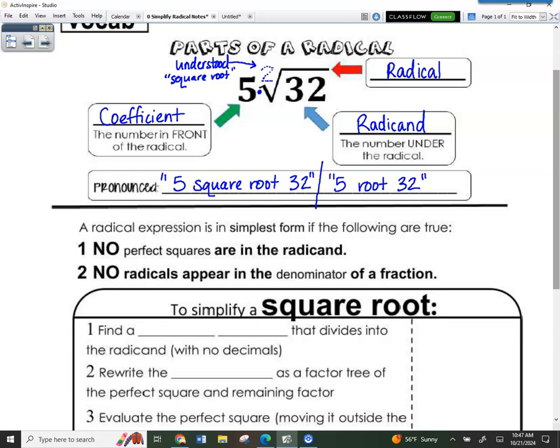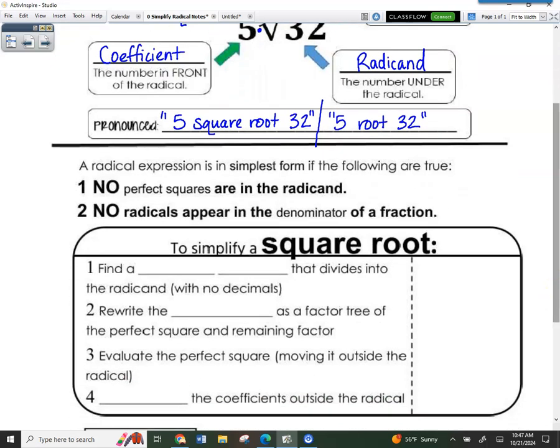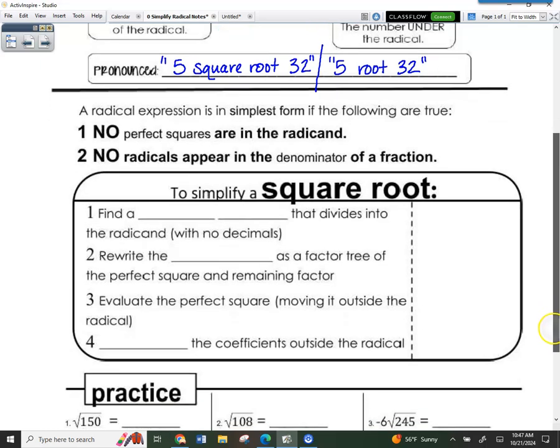A radical expression in its simplest form is when there is no perfect square left in the radicand, and no radicals appear in the denominator of a fraction. We're not worried about that right now, but we are looking at when they're in the radicand. So look at this list.